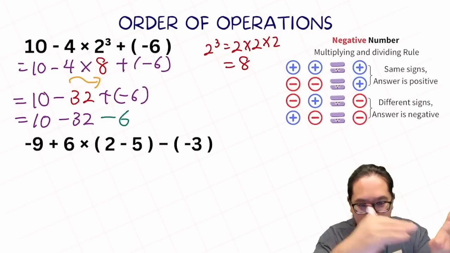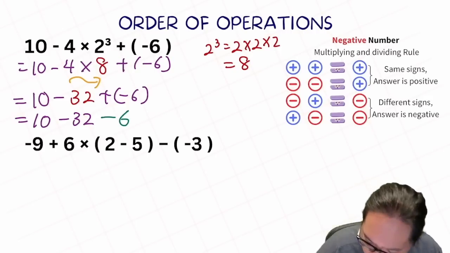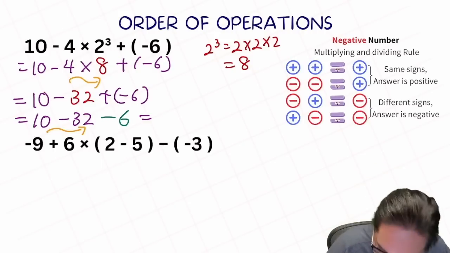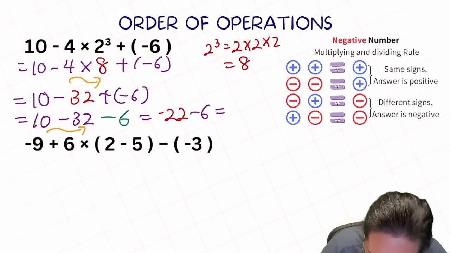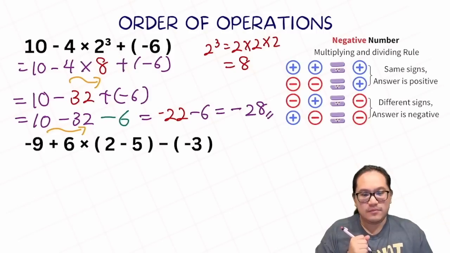Since addition with a minus next to it, when you open it, equals a subtraction. So now we can just do the equation from left to right. First thing is 10 minus 32 equal to -22, minus 6, and -22 minus 6 equals -28. And that will be our answer.